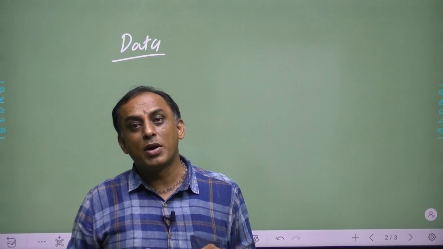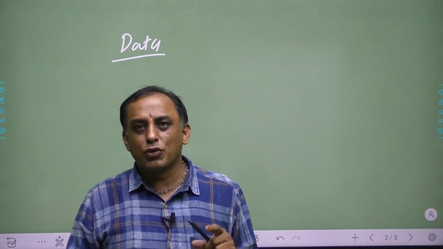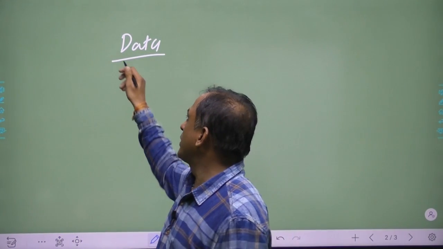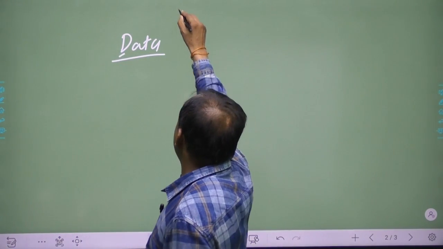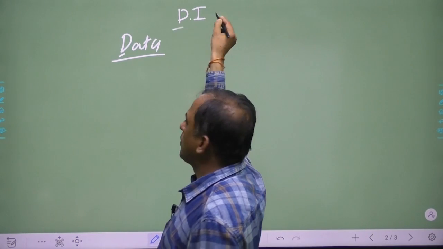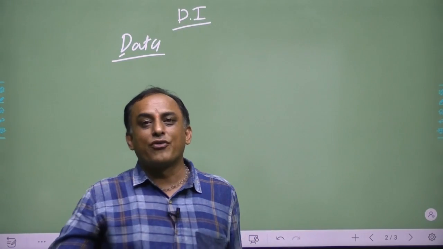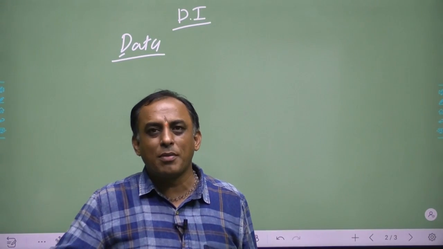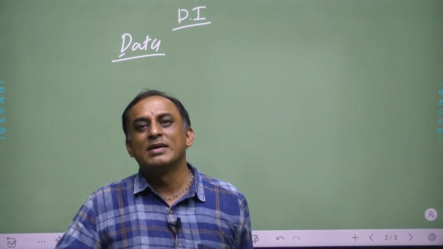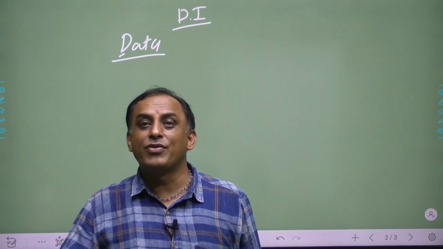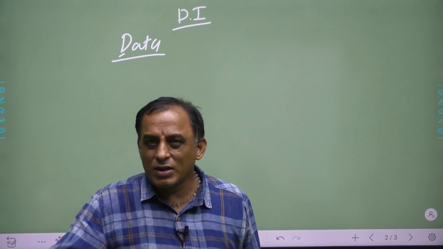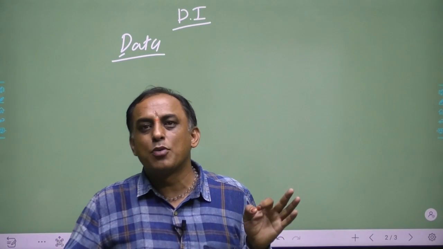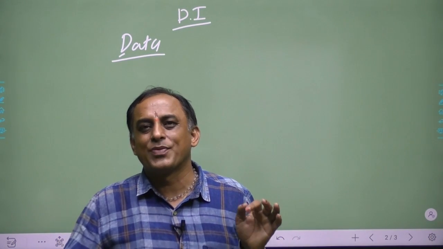Data interpretation is important for exams, and also after your selection, it is useful in your job life. For example, you got a good rank in the Group 1 examination, then you became a deputy collector. As a deputy collector or any other government servant, once or twice a week you should send reports to your higher authorities.